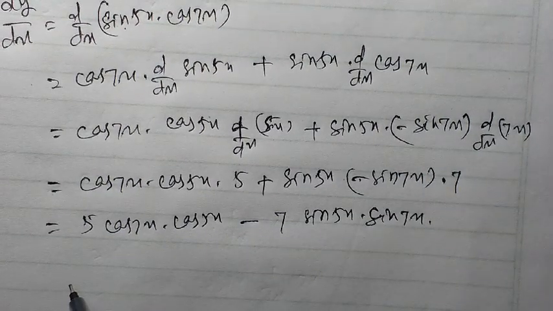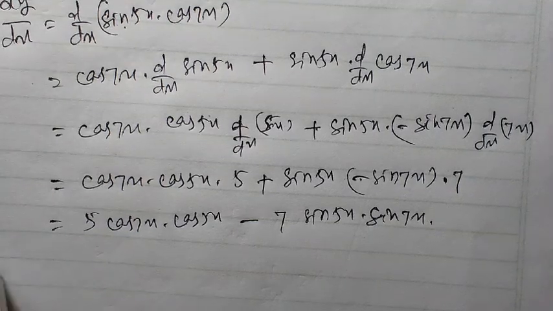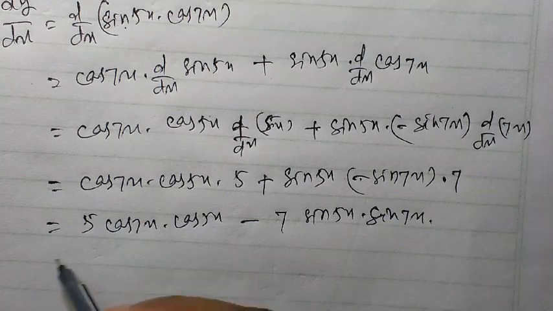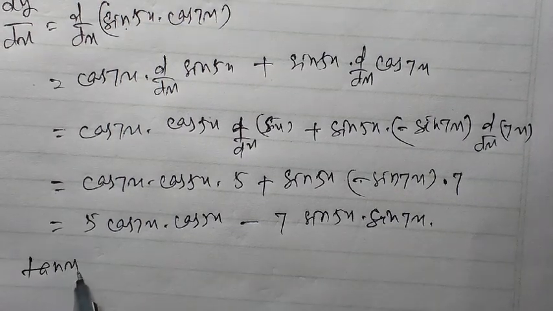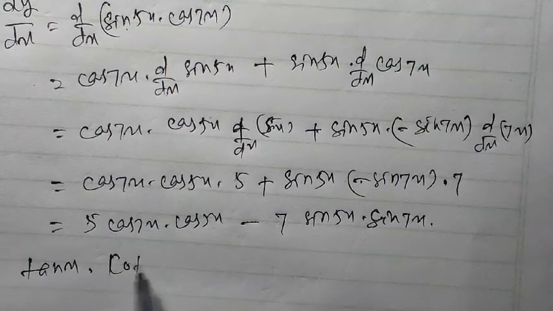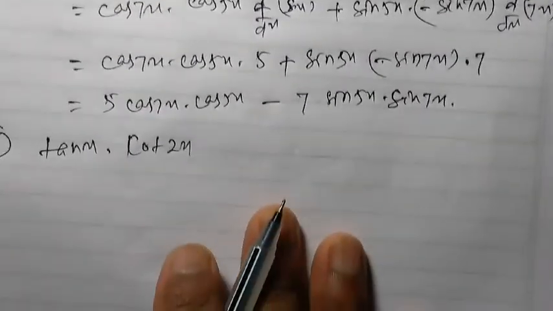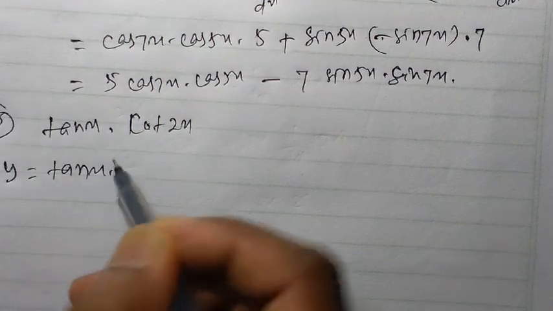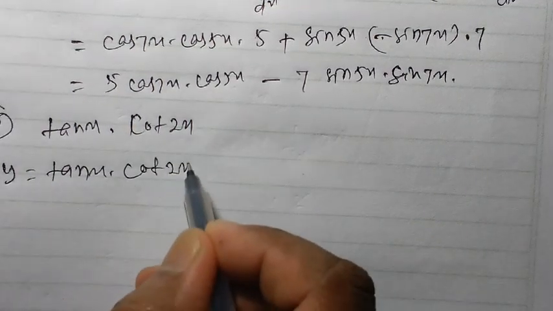This is your question number 14. Again, you see question number 15. The question number 15 is given 10x into cot 2x. I can take y is equal to 10x into cot 2x.